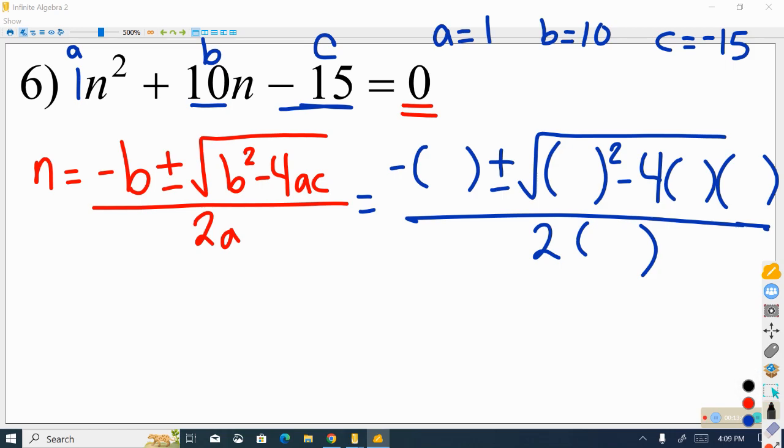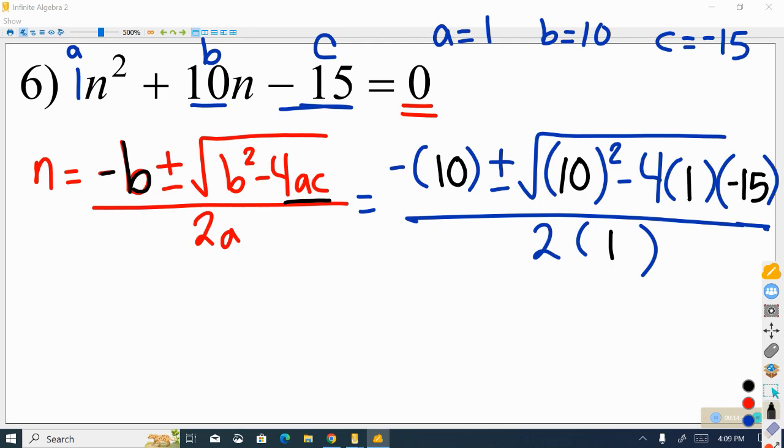Let's plug in our value for b, because we have negative b as this first value. So negative b, we're going to turn that into 10 right here, inside the parentheses. We'll put 10 here also because that's b squared. Then because this next parenthesis is asking for a, we'll put 1. So it's 4ac right here, and that means we should put the value of c in this parentheses, which would be negative 15. And then for a, we'll have 1.